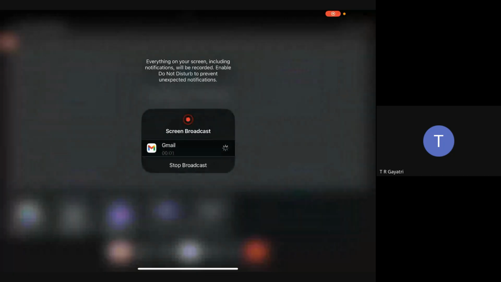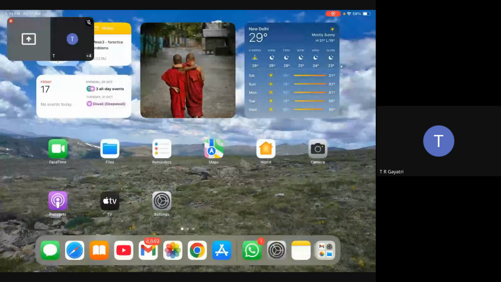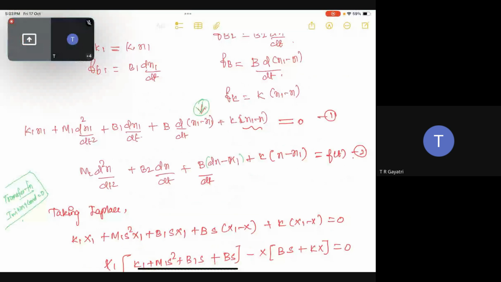I don't know, there is some issue here. It is showing it is being stopped because you stopped presenting something. It's visible here, right?